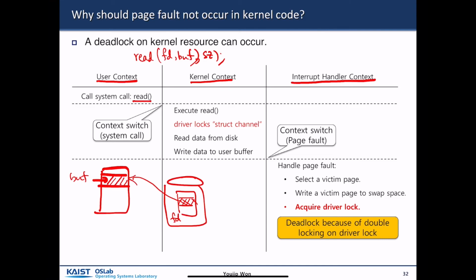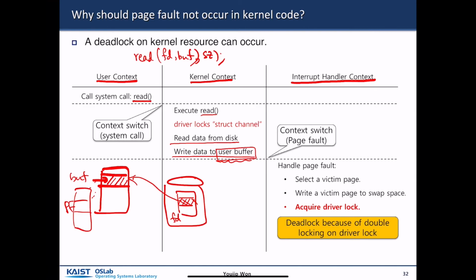This is the basic skeleton structure of servicing a read system call. But life is not that easy. When executing a read system call, the kernel has to establish an exclusive lock on the device, and it reads the data from the disk to memory, and the memory is the user buffer. And this user buffer will be bound to some physical page frame.